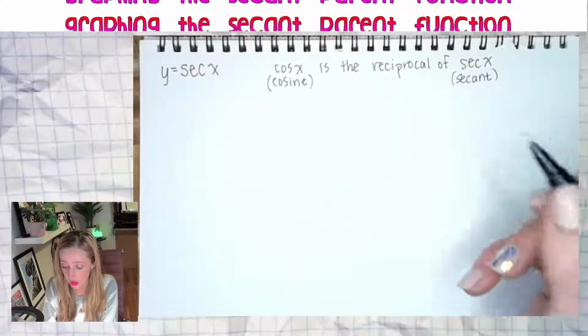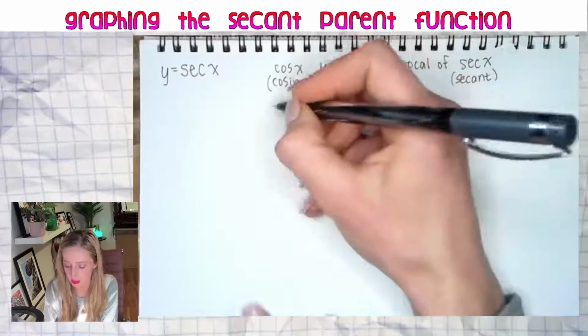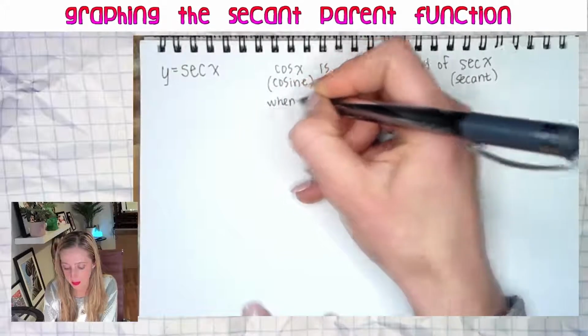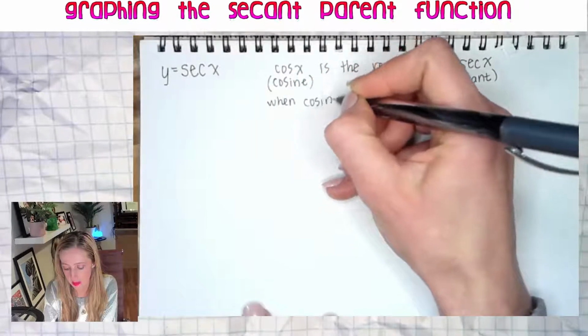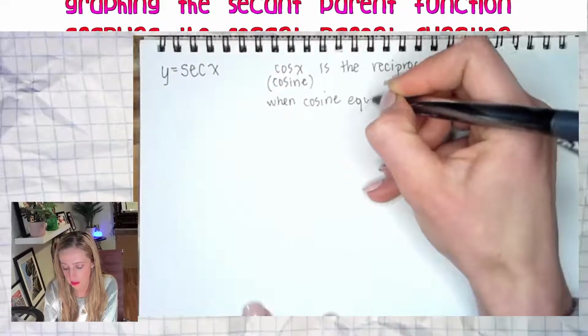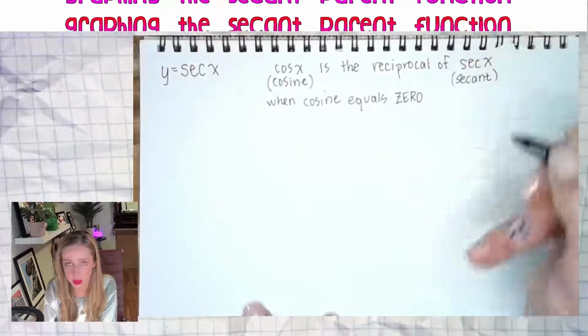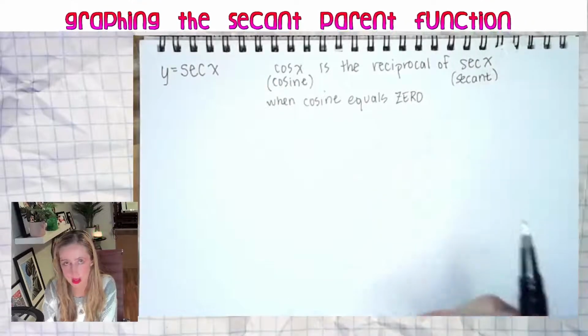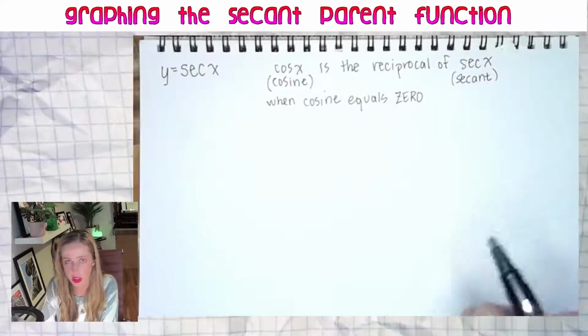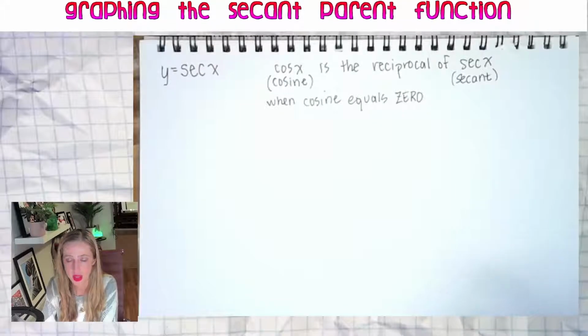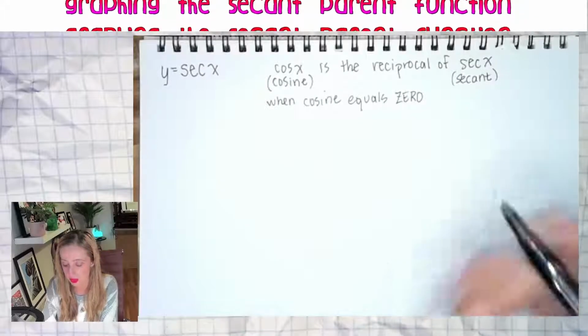Now, if they're reciprocals, that means when cosine equals 0, remember, 0 or zeros is the name we used in algebra to describe x-intercepts, because that's where the y value was equal to 0.